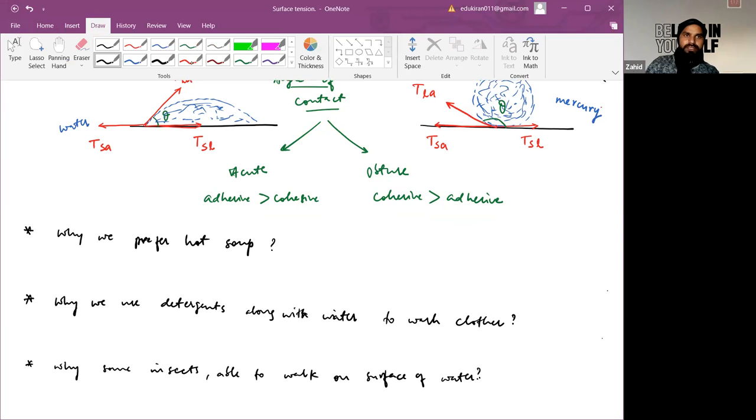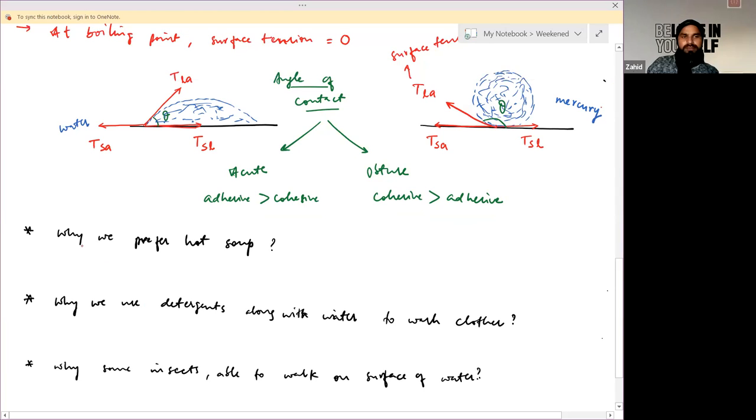So let me define each one individually. First, why do you prefer hot soup instead of cold? For hot soup, the temperature will be more, which means the surface tension of that particular soup will be smaller. And the smaller the value of surface tension, the more it will tend to spread out over a larger surface area.